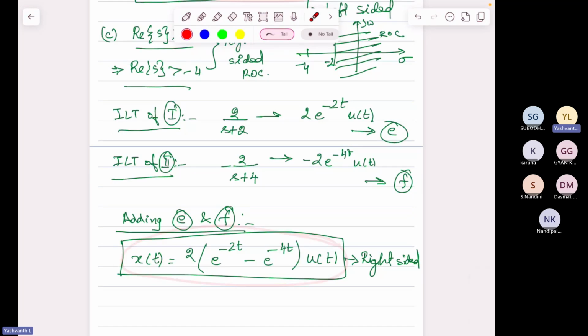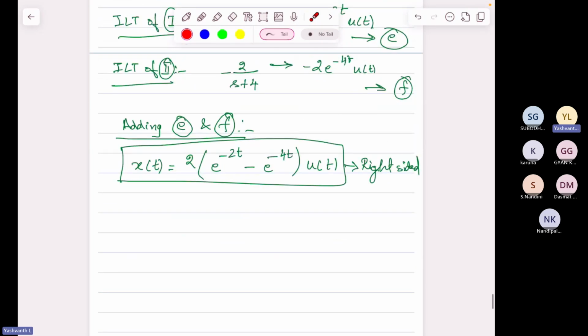So ROC is very important if you want to uniquely tell the signal transform pair. Otherwise, you cannot uniquely tell. Let's do one more question related to this and stop with that, similar to this only.